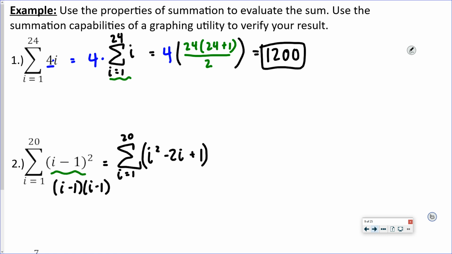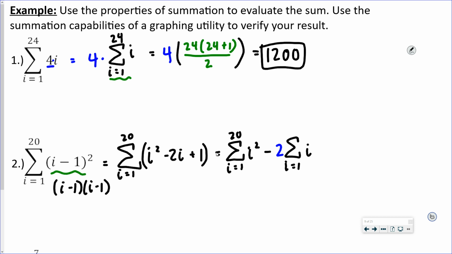And since we can add in any order, we could split this up and find the sum of the first rule, which is I squared. We could subtract the sum of this rule, and at the same time, I'm going to bring that 2 out in front. So like this, 2I, and if you need to do that in 2 steps, that's fine.